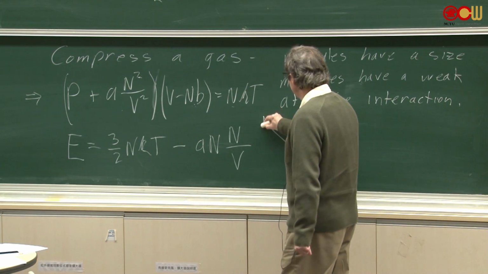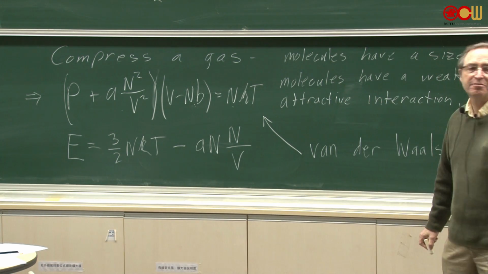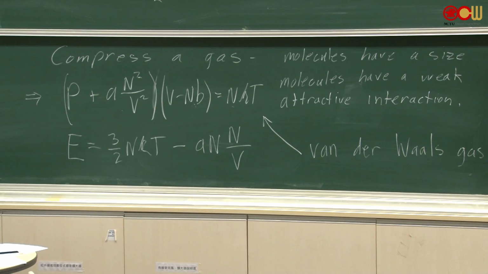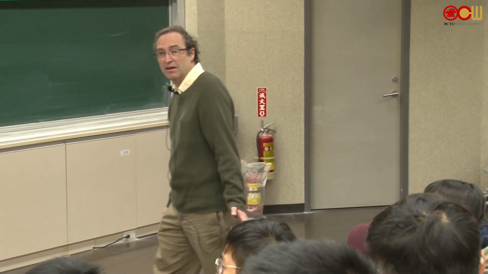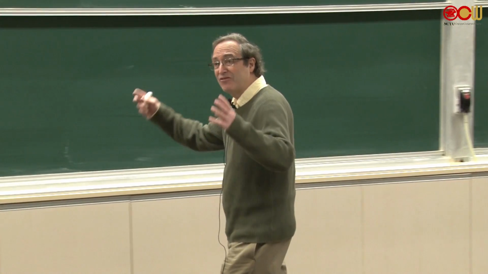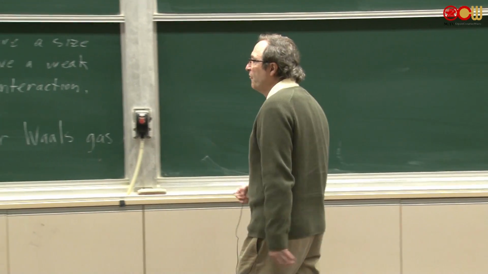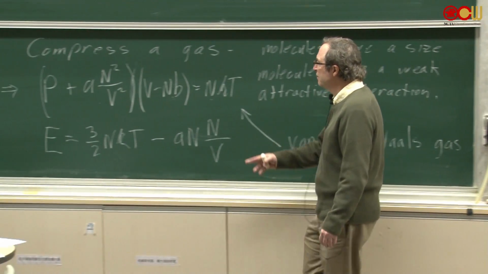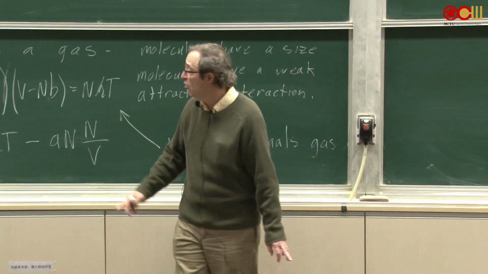This is called a van der Waals gas. So it's better than an ideal gas. But an ideal gas works pretty well, in fact, very well, for molecules like the molecules in the air. Right? You have to start really condensing the molecules before you can see the importance of the size and the interaction. But this will work better.